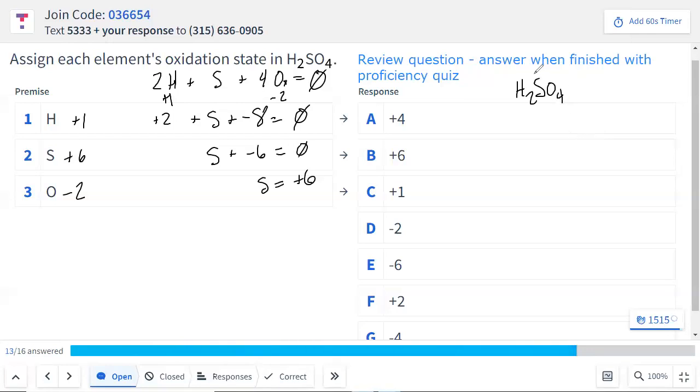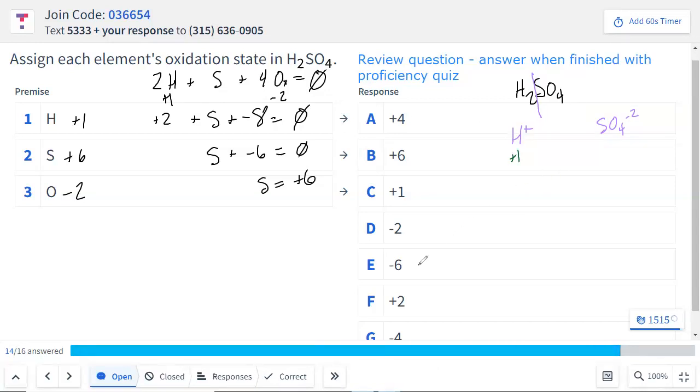So if I did that, I could recognize, okay, I've got the hydrogen ion and the sulfate ion. The hydrogen ion, that one's easy to assign. It's +1 because it's the only atom there and it has a charge.